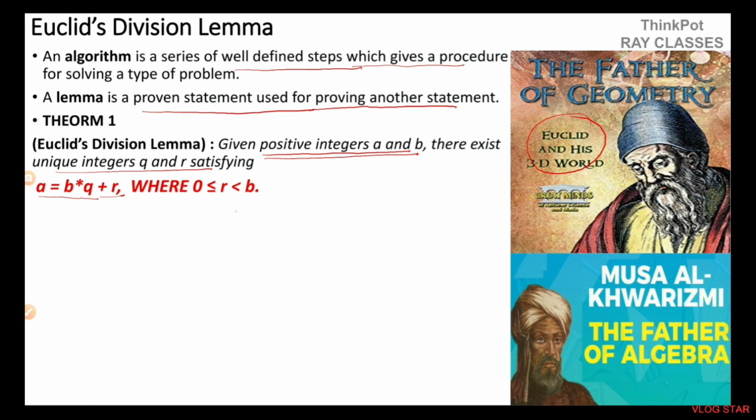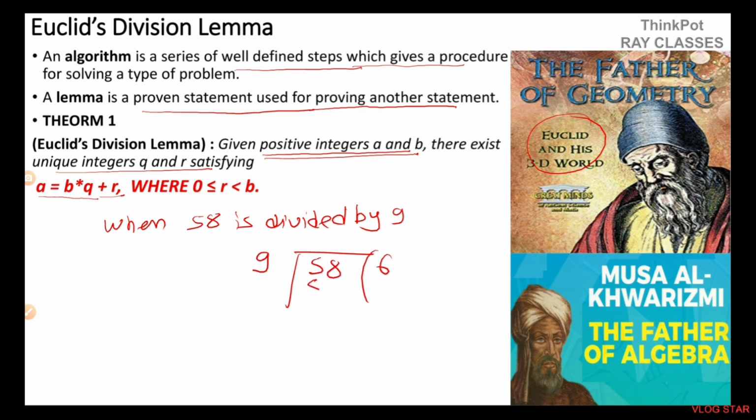We can understand this by taking example of when 58 is divided by 9. Suppose you are dividing 58 by 9. What will happen? You have 58 here, 9 sixes are 54. If you subtract, we can get here 4.